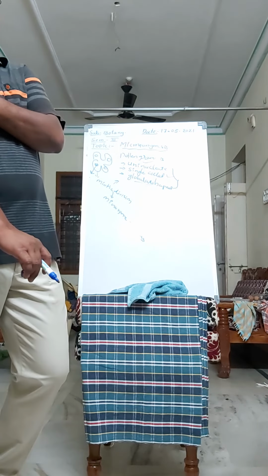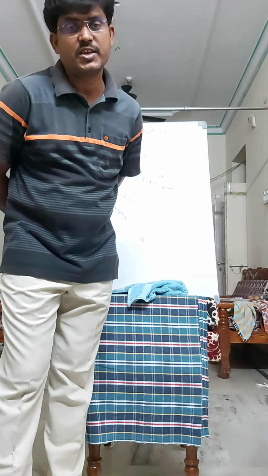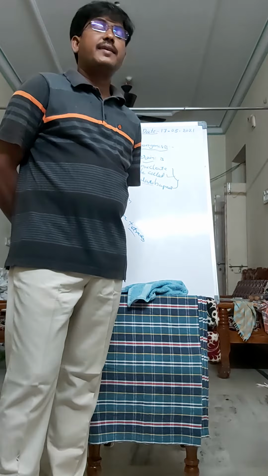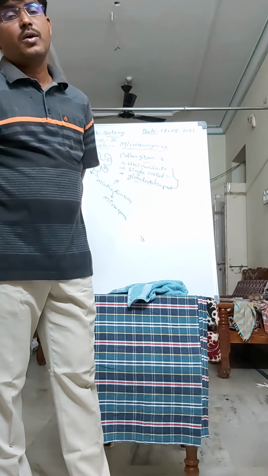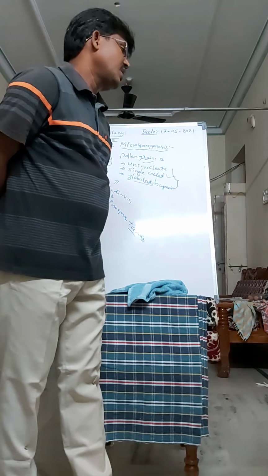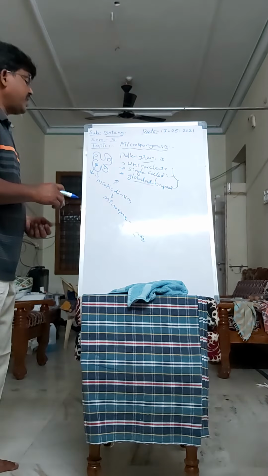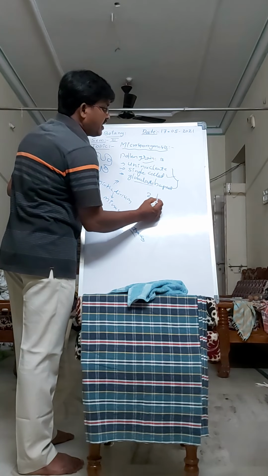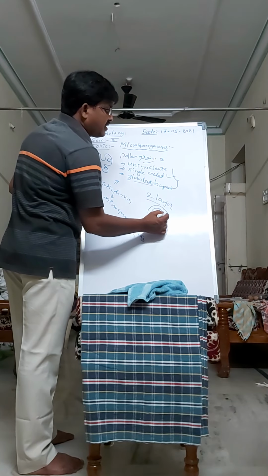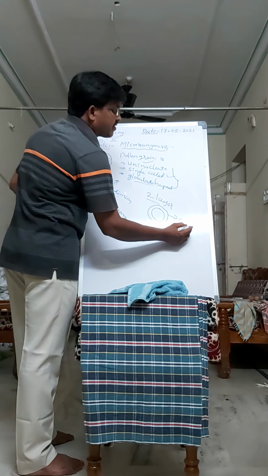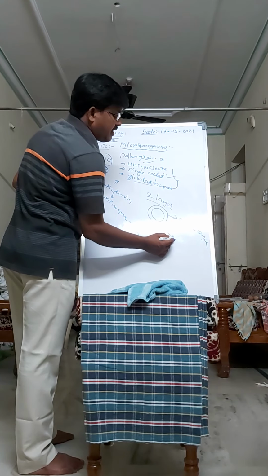The shape and size of the microspore or pollen grain varies from one species to another. Every pollen grain consists of two layers, the outer layer and the inner layer.